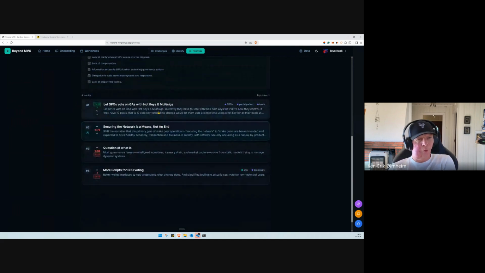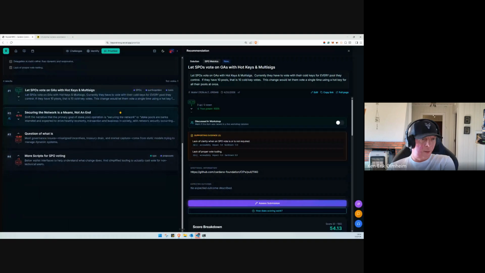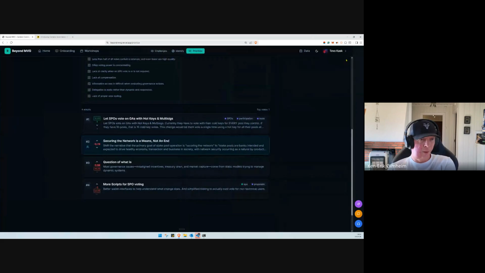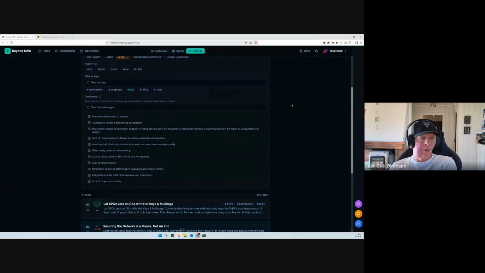And what we will do with that data is that in the Beyond Minimum Viable Governance report, we're going to put forward a bunch of recommendations in regards to governance.